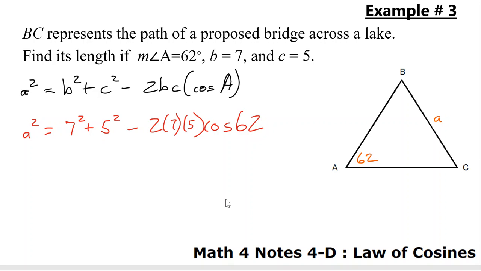Well, I could plug all of that in and have a squared equals some number. Let's see what we got here. So all of that put together should be 41.13 roughly. And when I take the square root, second square root, second answer, it gives me about 6.4.